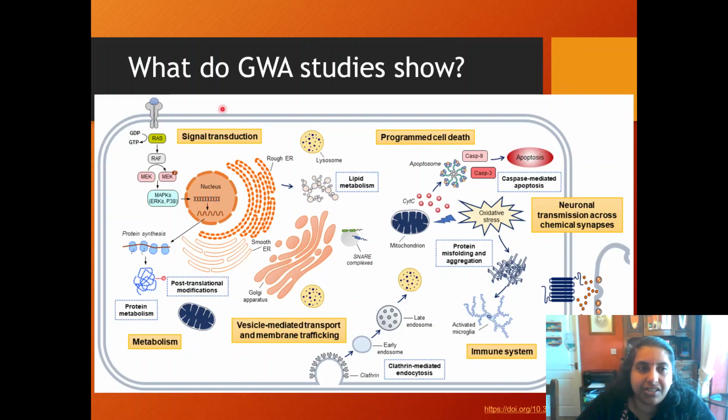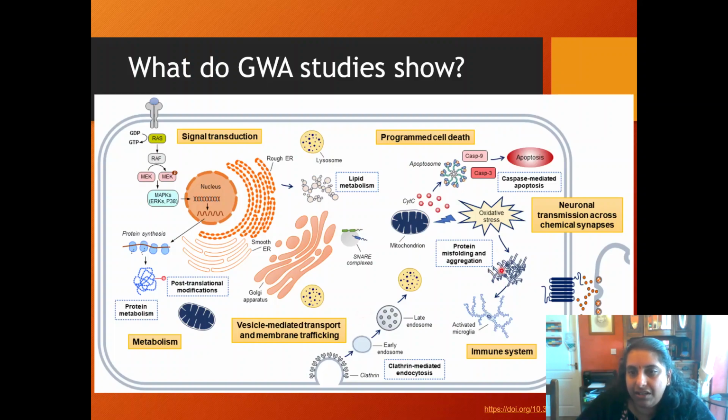So there are a lot that are involved in signal transduction. There are a lot that are involved in metabolism, a lot involved in vesicle-mediated transport and membrane trafficking, a lot that are involved in programmed cell death, a lot that are involved in neuronal transmission across chemical synapses, and a lot that are involved in the immune system. And then these blue boxes are also areas that they might be involved in.